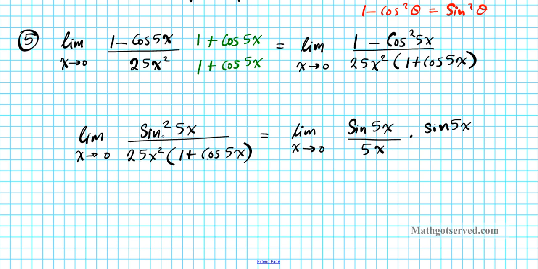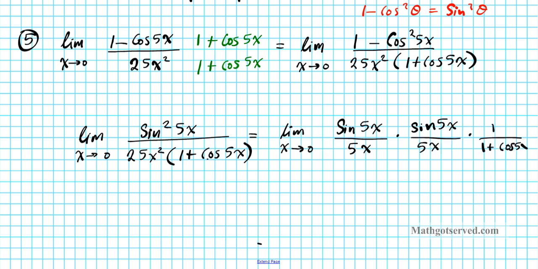Remember, sine squared 5x is sine 5x times sine 5x, right? Okay, over 5x. And then times this gentleman over here, which is 1 over 1 plus cosine 5x. Okay, now we can make use of the squeeze theorem.